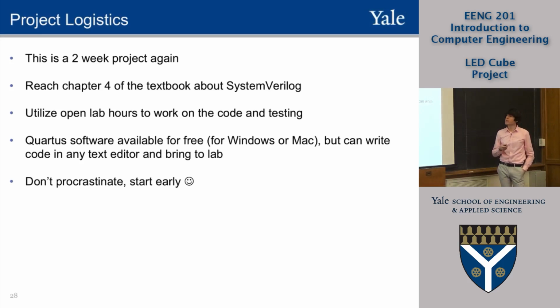So you might have to spend more time on this project. And the Quartus software should still be available for free for Windows or Linux. Actually, there's a typo here, so unfortunately Mac is not supported. But you can write the code in any text editor and bring it to lab. So don't procrastinate and start early.